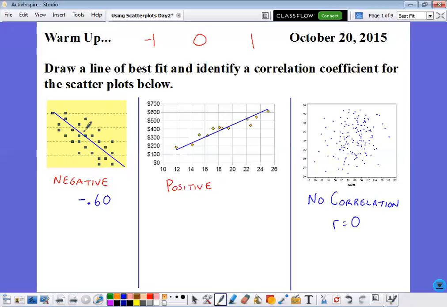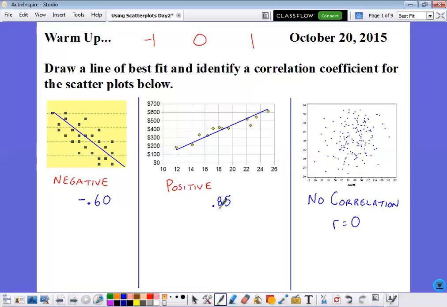And so when we're identifying a correlation coefficient, we have to take that in mind. If the objective was to get the dots on the line, this person did a pretty good job. And so I would say maybe like 0.85, meaning that maybe about an 85%. In that case, since it's positive, we don't have to write a sign because the correlation coefficient's already positive.